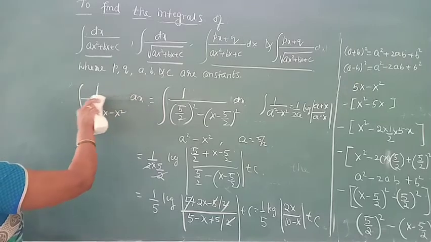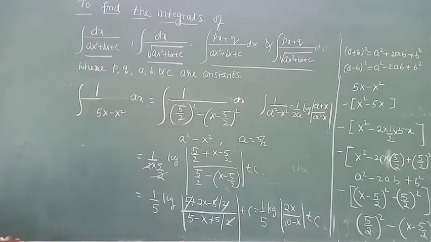This is the example of 1 by 5x minus x square. If it is in the form of 5x minus x square, we can do it like this.